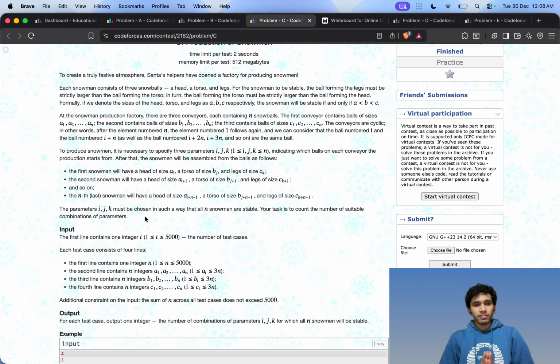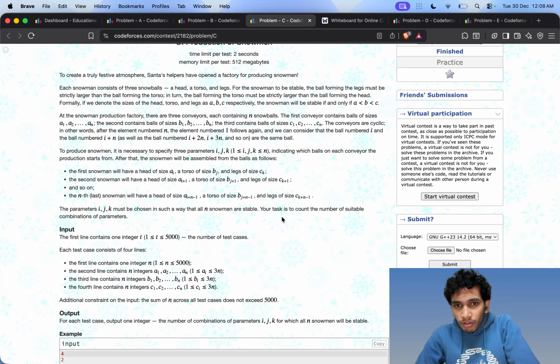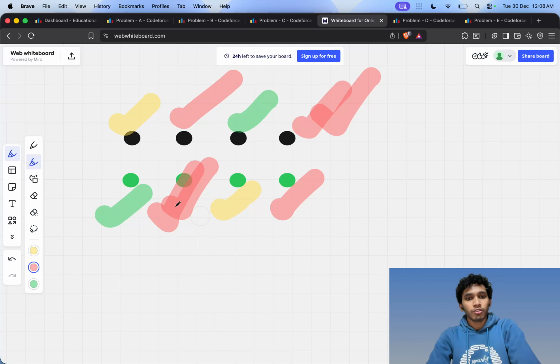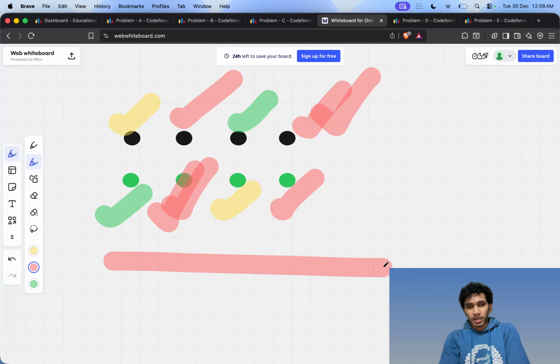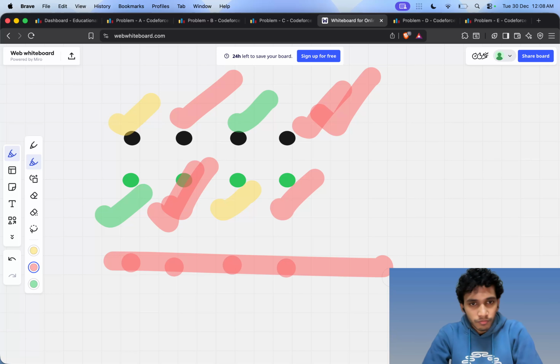The parameters i, j, k must be chosen in such a way that all n snowmen are stable. Your task is to count the number of suitable combinations of parameters. So we have three such conveyor belts. There is a conveyor belt here as well, where n snowballs are present.